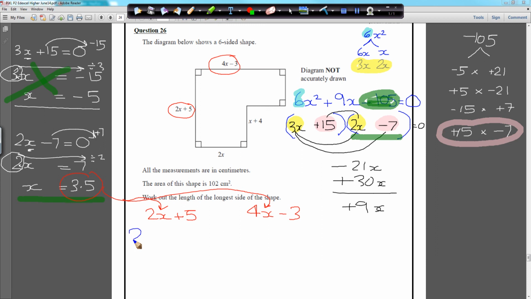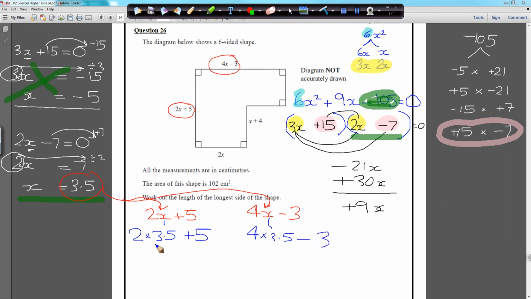So we've got 2 times 3.5, that's what x is equal to, add the 5. And we've got here 4 times 3.5, then minus 3.